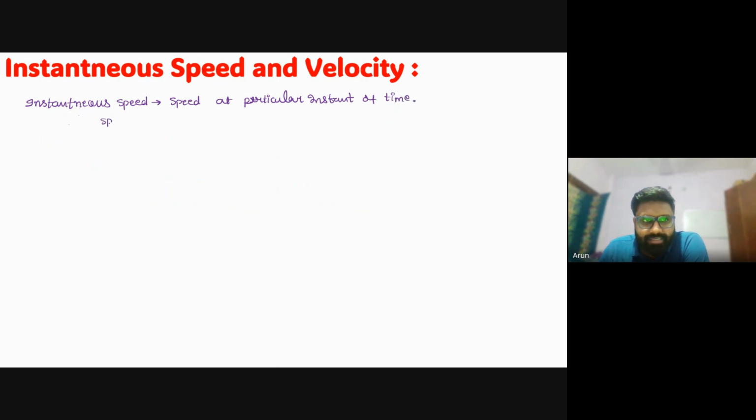Or we can say speed at, for example, 4 seconds, 5 seconds, 9:30 a.m., 2:50 p.m. Whatever speed you tell at these particular instants, that speed is instantaneous speed. Got it? And the same for velocity. For velocity, you will say the velocity at a particular instant of time, and that is the same thing.